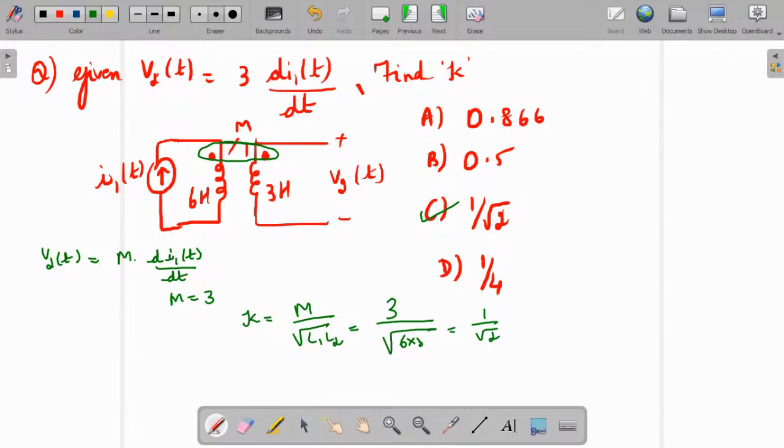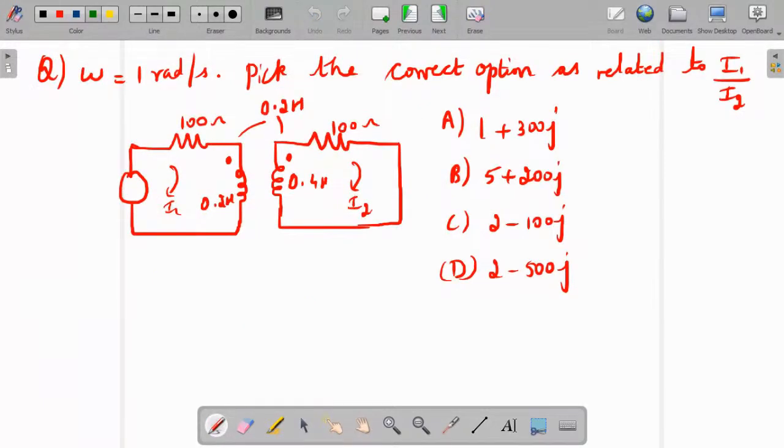Yes, next question. Omega is given. Pick up the correct option as related to I1 by I2. Yes, what is the answer for this question? Yes, again இங்கேயுமே நம்ம equation எழுதிடலாம்.